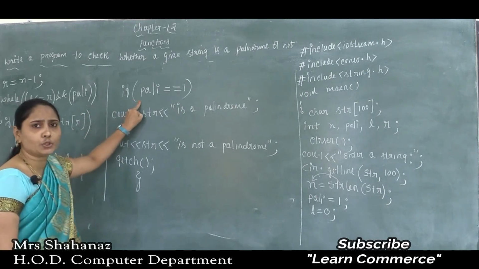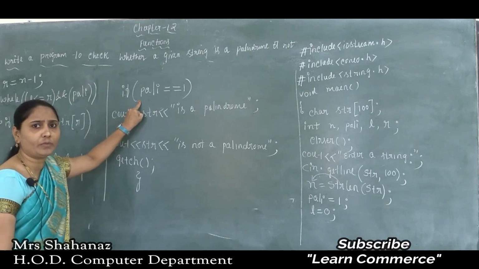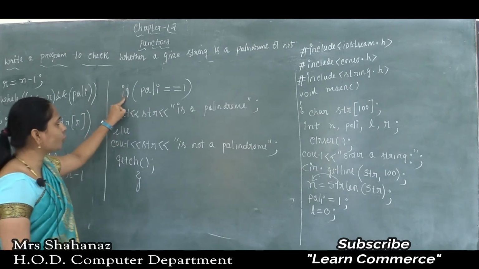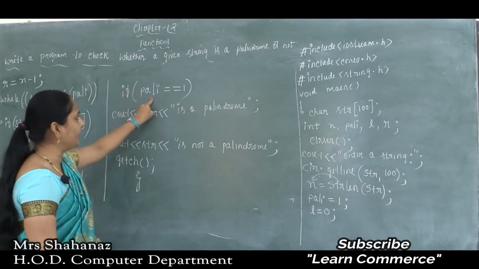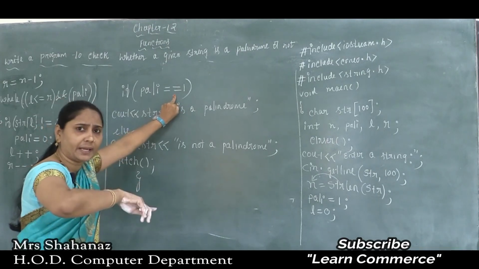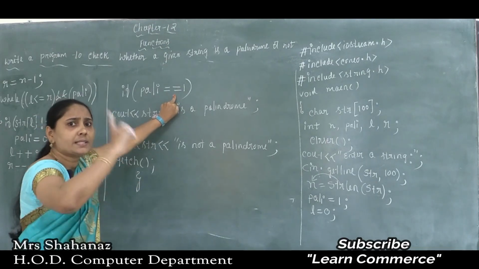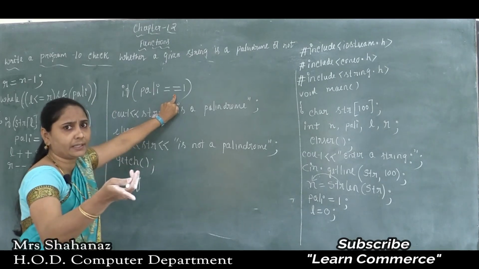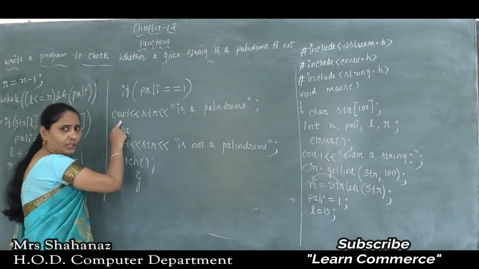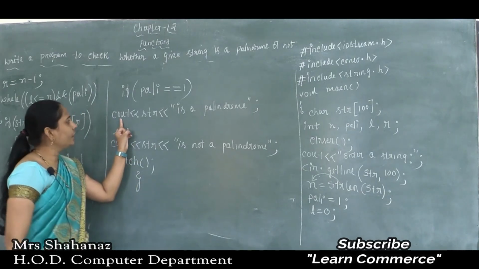Finally, we need to show whether the word we entered is a palindrome or not. So checking the condition, if Pali is equal to 1, the first character matches the last character, the second character matches the second last character, correct? So after matching, finally it shows the result.